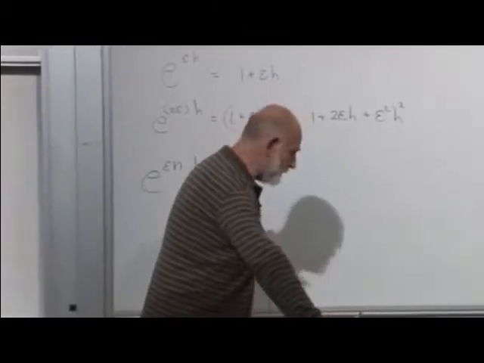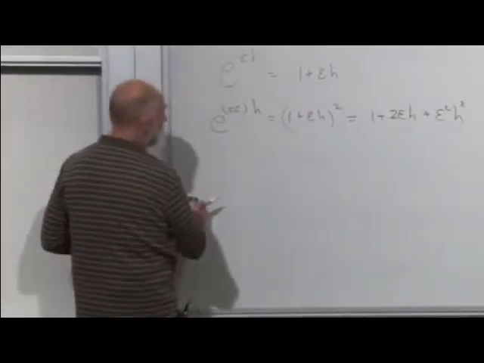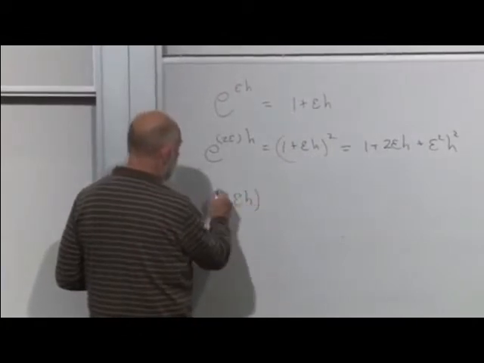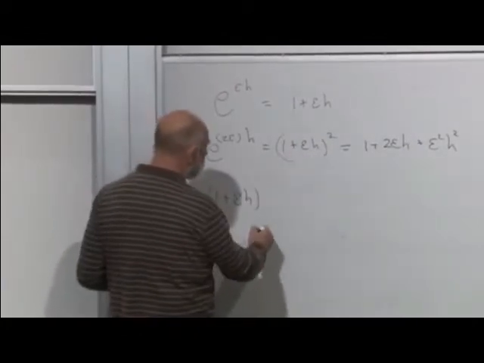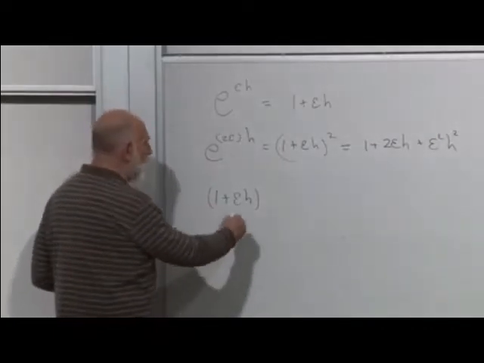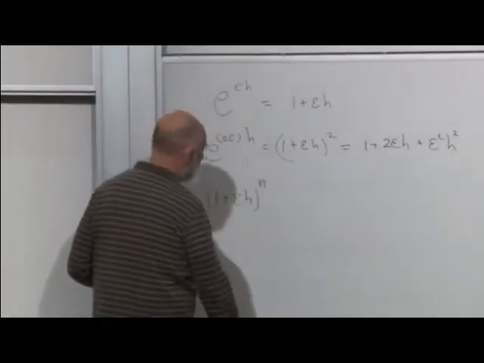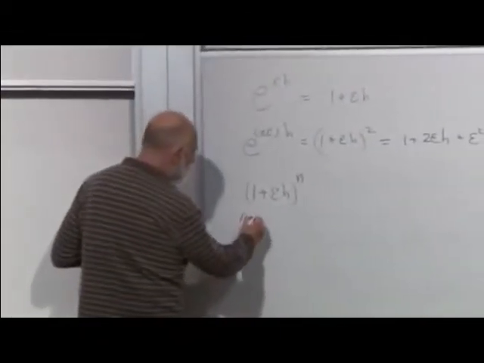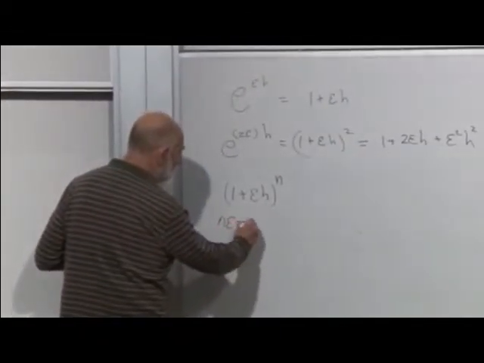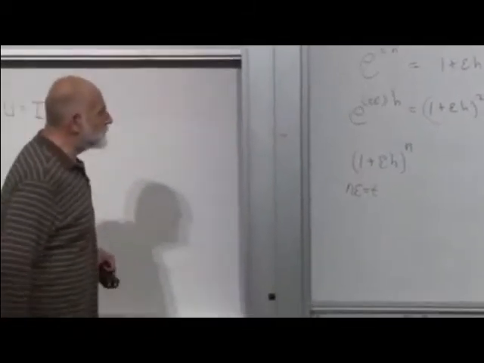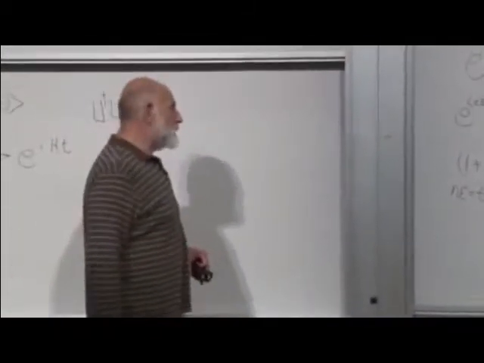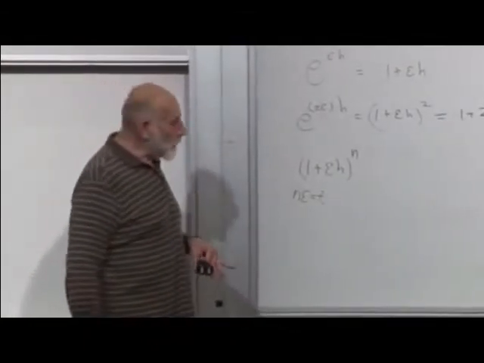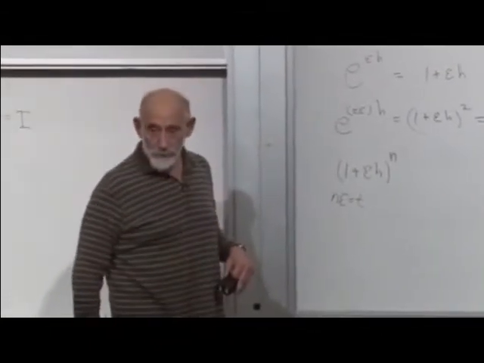Excuse me, let me go back. Let's do it this way. 1 plus epsilon h, and I do this a large number of times n, such that n times epsilon equals t. What do I get? Anybody know? It's a binomial expansion, but it's also a construction of the exponential function.